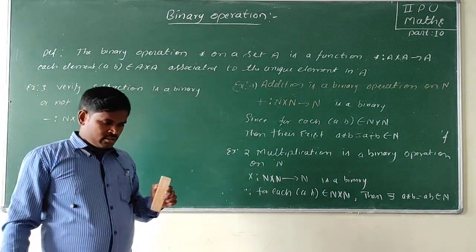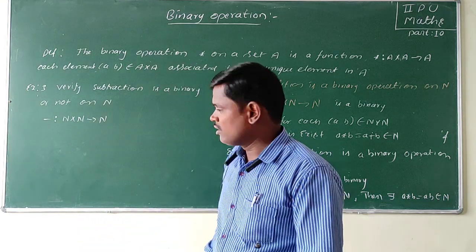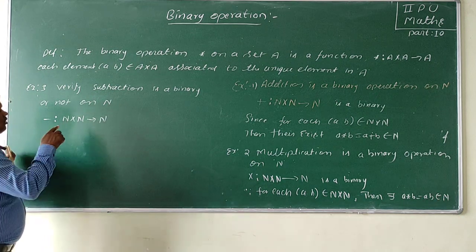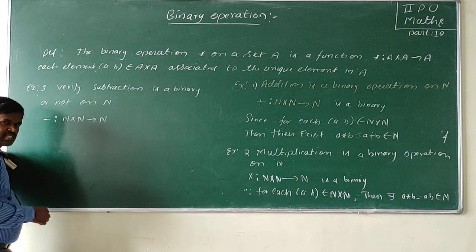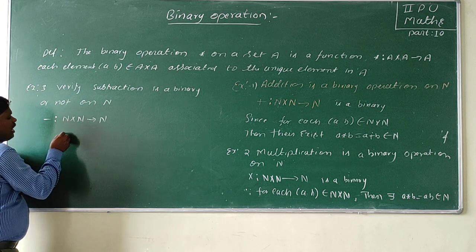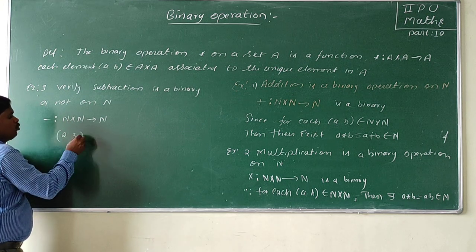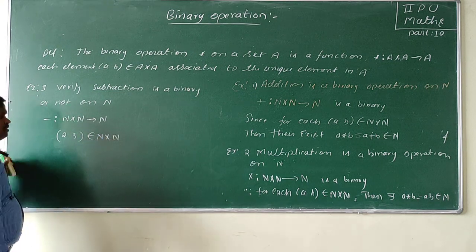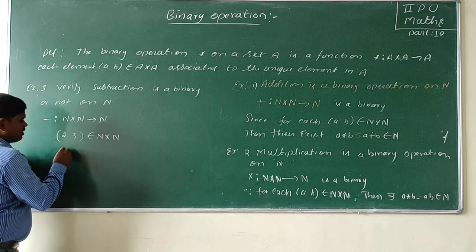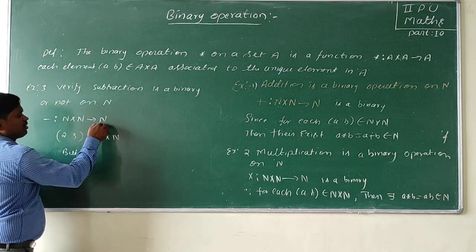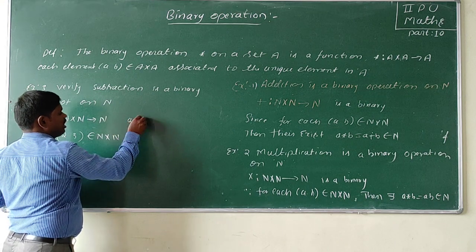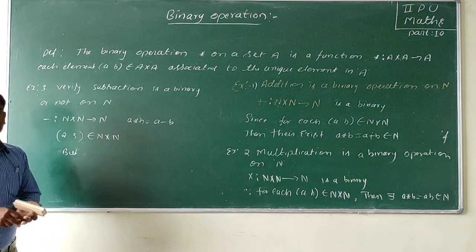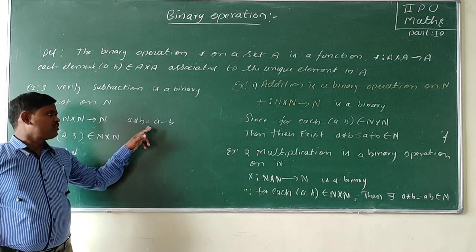To disprove this, generally we give one counter example. Suppose I take (2, 3) belongs to N cross N. The operation is defined as a star b equal to a minus b.